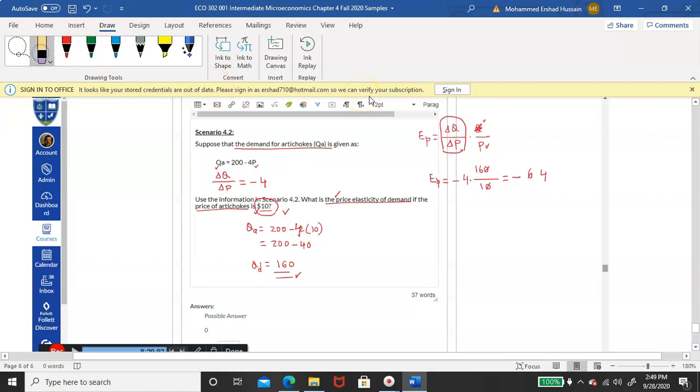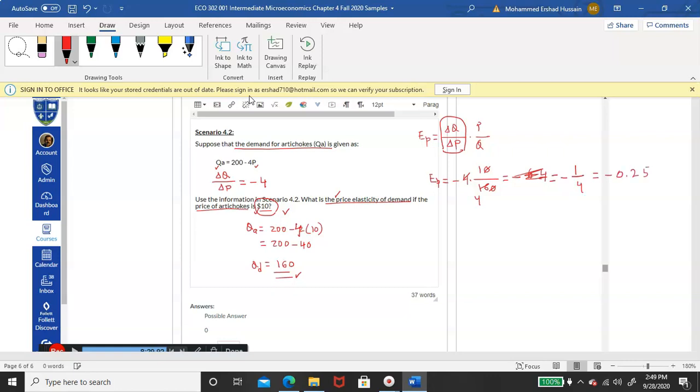This one should be here: this is P and this is Q. That is how it will be, right? So let us substitute. P is 10, and Q is 160, right? Now cancel this, and 4 and 16 give 4. So it is minus 1 over 4, which is minus 0.25 in decimal, right? So that is the answer.